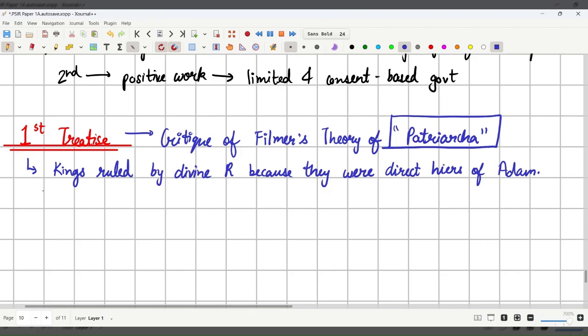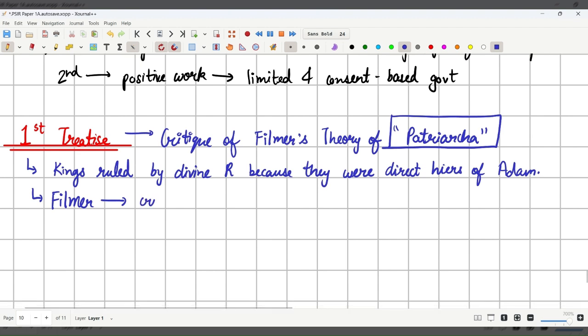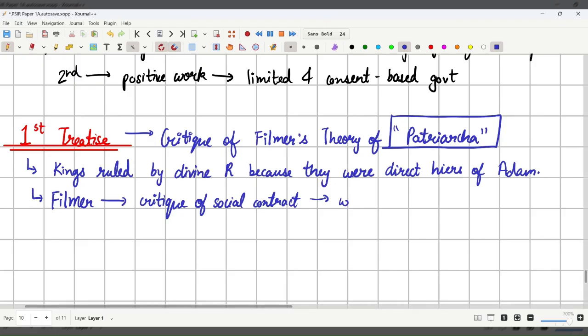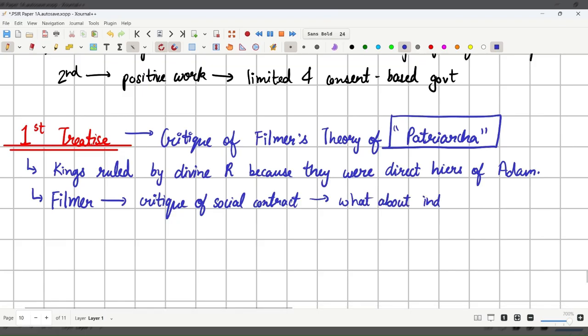According to Filmer, what about the individuals who had not consented to the social contract?